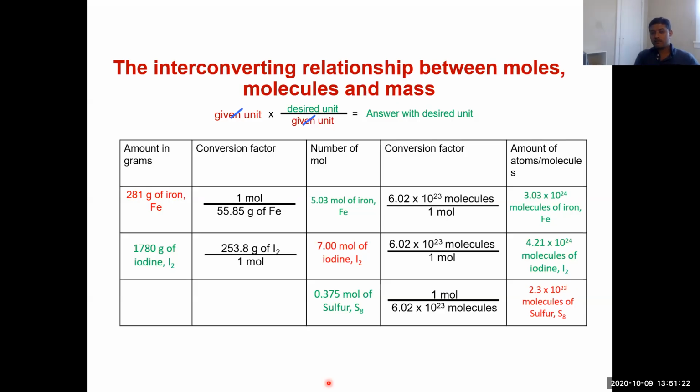Both 0.38 and 0.375 are correct, depending on whether it is a final answer or still in the middle of the calculations. I put 0.375 because I'm considering this number as still in the middle of the calculation. So I don't want to set a bad example. That's why I still had it, because you're going to use it to convert into grams. But your number is also correct. So how do you convert 0.375 moles of sulfur into grams?